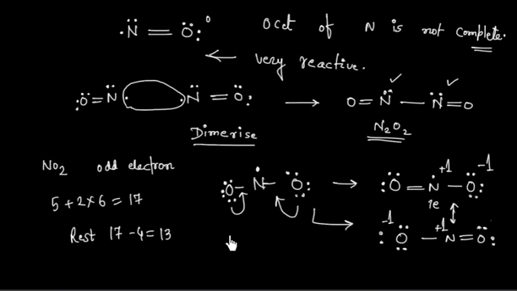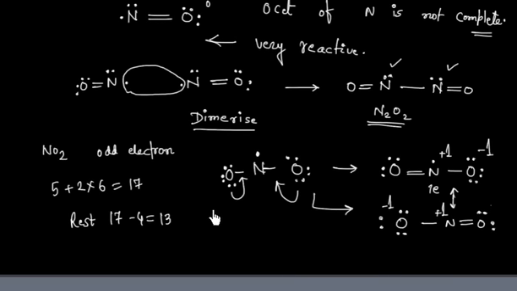So you see now the NO2 molecule is again a reactive molecule. Whenever I have two NO2 molecules, they can dimerize easily. You have one NO2 molecule and another NO2 molecule, and they can dimerize and form N2O4. So this is N2O4. Are you getting? Let me write here.